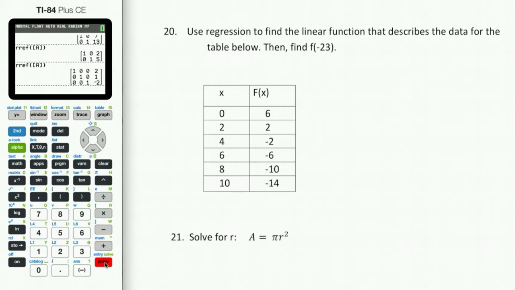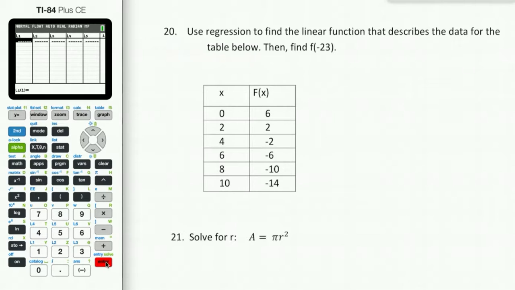All right, use regression to find the linear function that describes the data for the table below. So what we're going to do is we are going to go into our stat and then edit, and we are going to input some numbers. So our x column here is going to go in our L1.